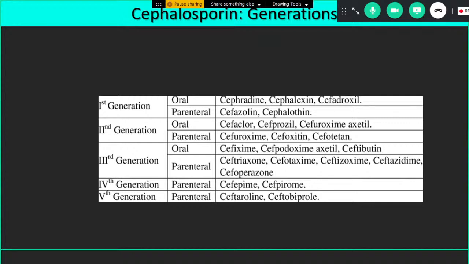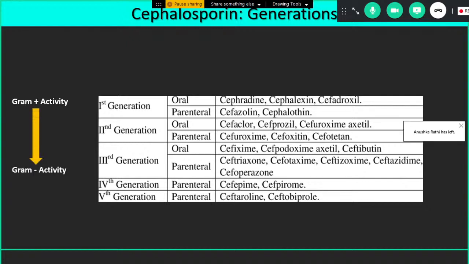But while doing that, what happened? The gram-positive activity was going down. If you see the spectrum, as a rule, there are some exceptions, but the gram-positive activity decreases from first to third generation, while the gram-negative activity increases from the first to third generation.